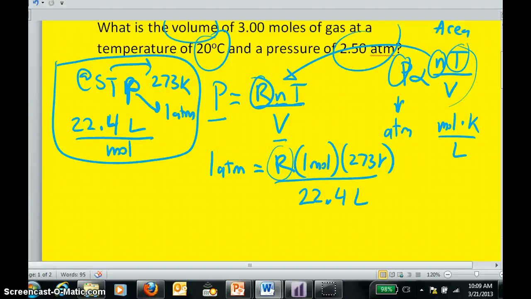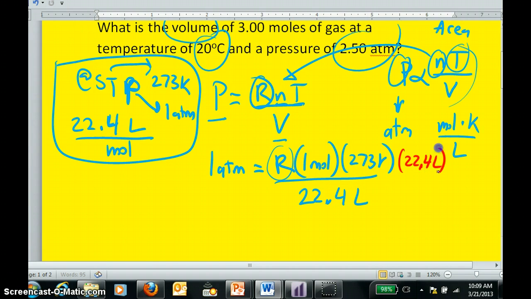The algebra is quite easy. First, I'd want to clear the denominator, multiply both sides of the equation by 22.4 liters. And the volume would cancel from this side, but not this side.